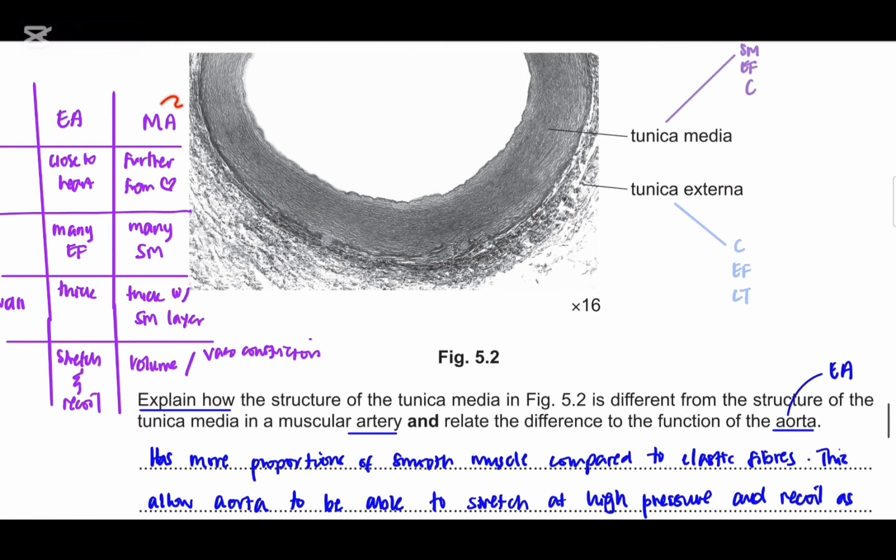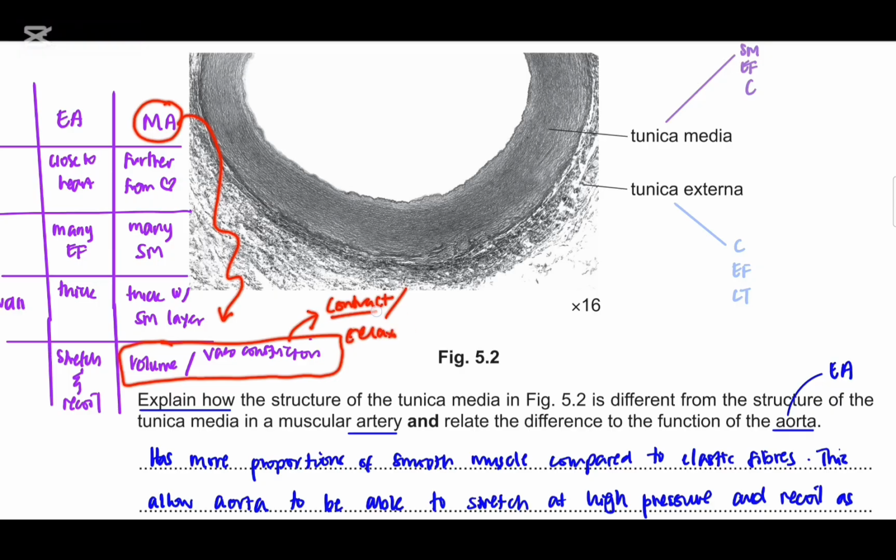Whereas in the muscular artery, the main function of having that smooth muscle is that it controls the volume in terms of when vasoconstriction or vasodilation is going to be occurring, because smooth muscles are able to contract and relax. So when contraction occurs, that's what leads to vasoconstriction.